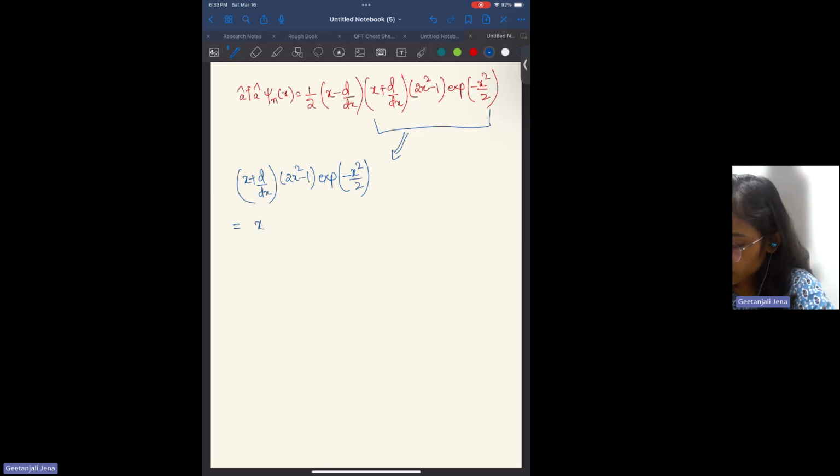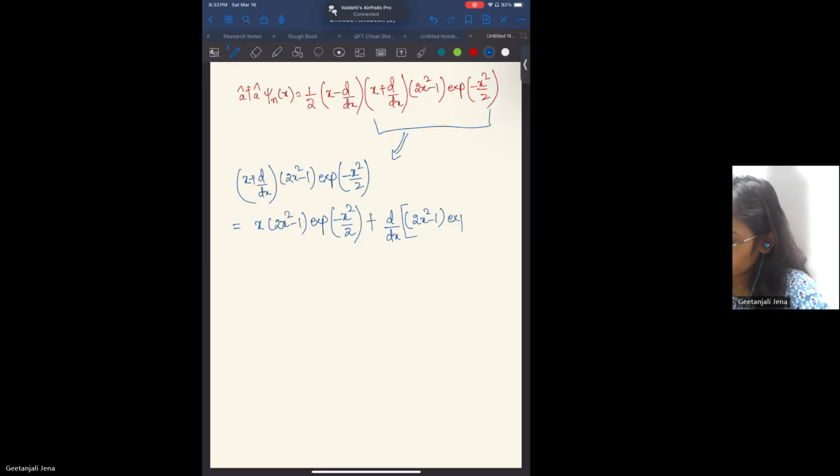That means it will be x times 2x square minus 1 exponential minus x square by 2, plus d by dx of 2x square minus 1 exponential minus x square by 2.